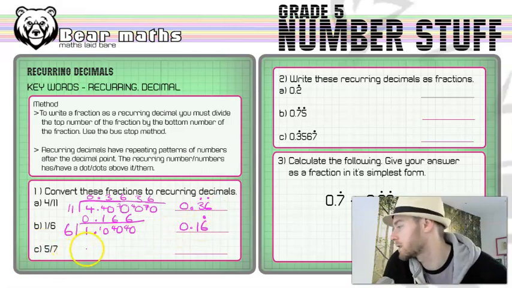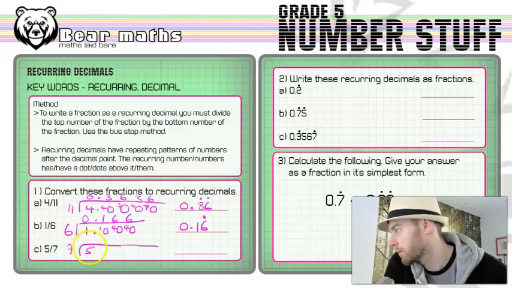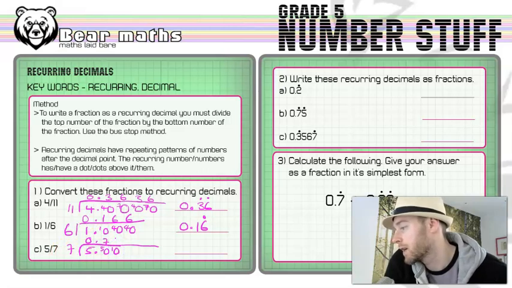And then in C, we've got 5 divided by 7, 7 on the outside, 5 on the inside. That's quite a long one, so I'm just going to extend this a little bit. 0.5 over. And then that's going to go in 7, 1 left over. Into 10 it goes once with 3 left over.